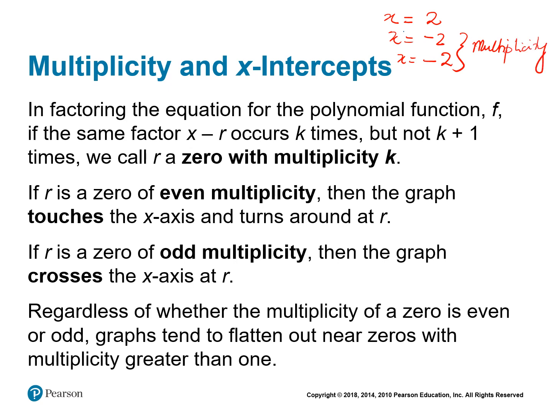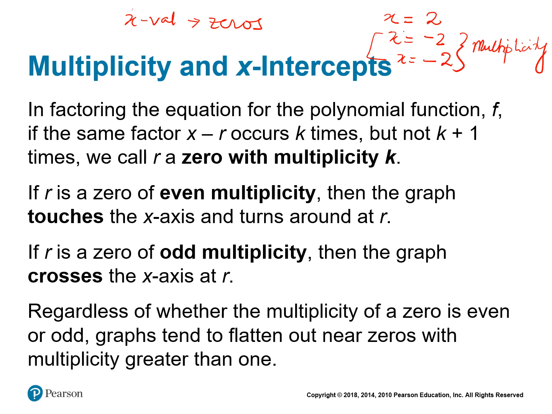And depending on how many multiples of the same value you have, we refer to it as a zero with multiplicity k. The x values we find from solving the equation are also called, if you recall, zeros, correct? The zeros of the function.